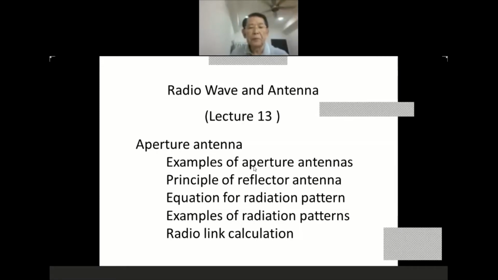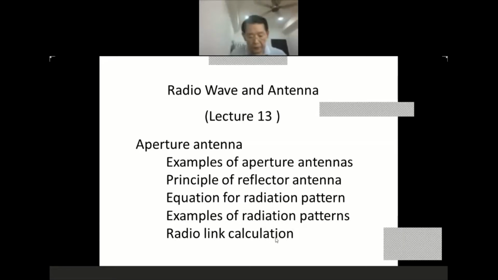First, examples of aperture antennas. What is an aperture antenna? I will explain. Then the principle of the reflector antenna, the equation for radiation pattern calculation, and examples of radiation patterns and radio link calculation.